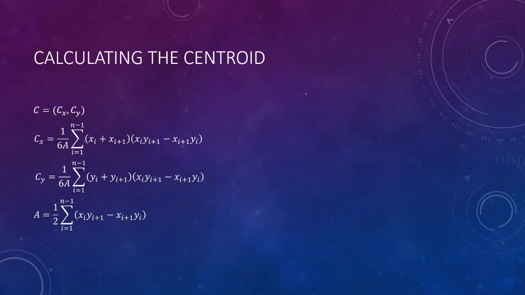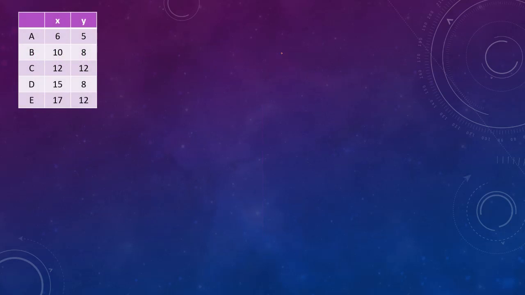So there's an easier way of doing it, which is just simply take the average of all the x values, and that's going to be the x value of our centroid, and the y values is going to be the y value of our centroid. So let's put this into practice here. So we have this table here. These are the same numbers we started with before.